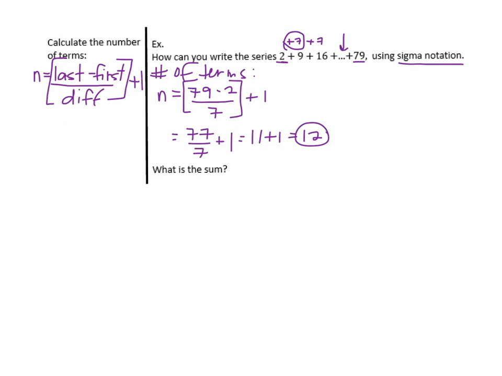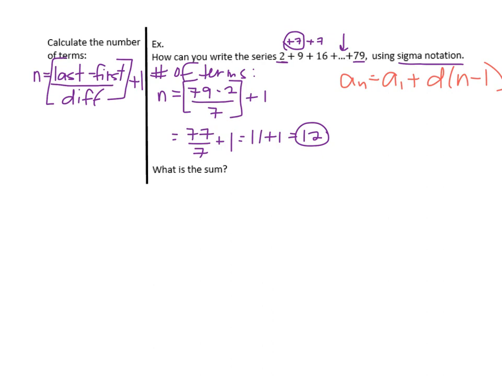The other thing we need to know is our explicit formula. And we know that if we have a sub 1 and d, the explicit formula is a sub n equals a sub 1 plus d times n minus 1. Looking at that sequence, do we have enough information?